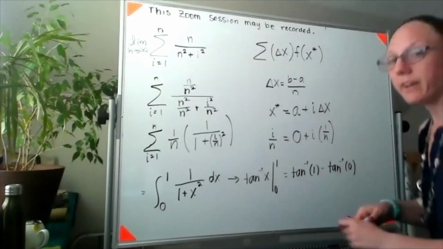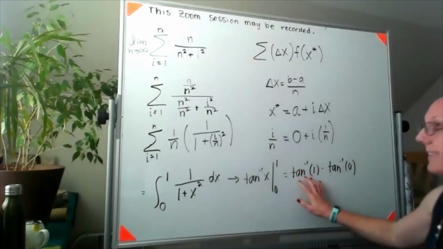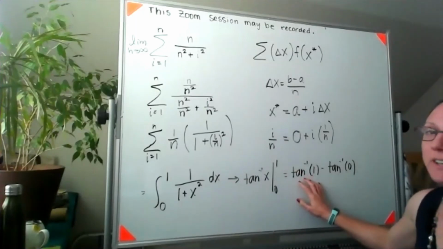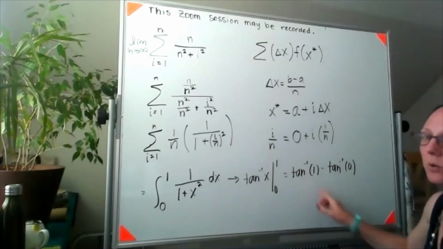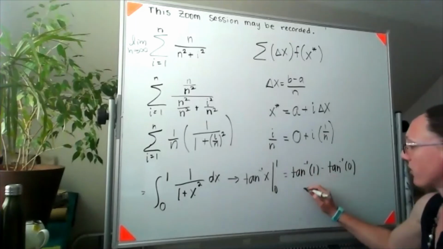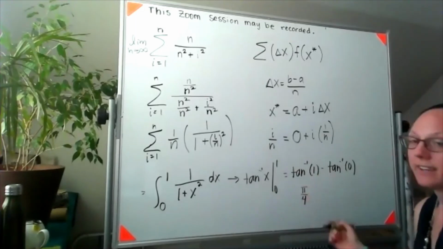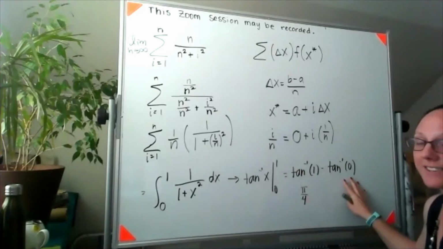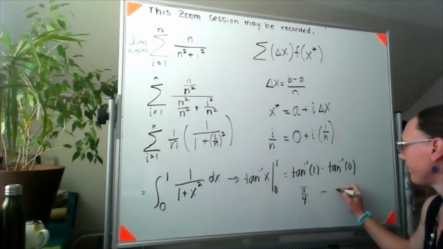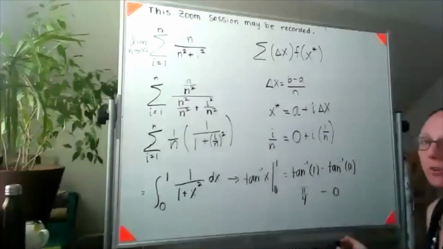When we're evaluating arctan, this is asking us the question, tangent of what angle is equal to 1? And the answer to that is pi over 4. This is then asking me tangent of what angle is equal to 0? And that angle is 0.